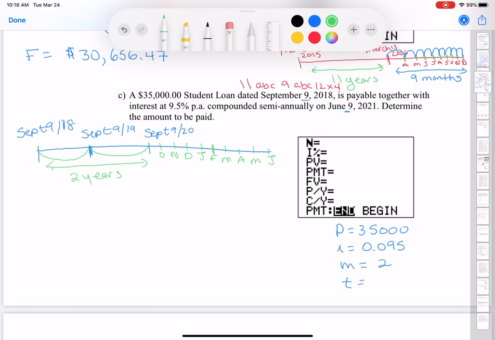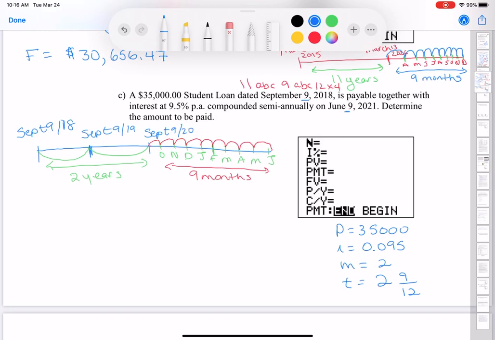And now again, we can count the spaces between, and we see that we have 1, 2, 3, 4, 5, 6, 7, 8, 9 months that occur in this time interval. So we have a time interval of 2 years and 9 months.